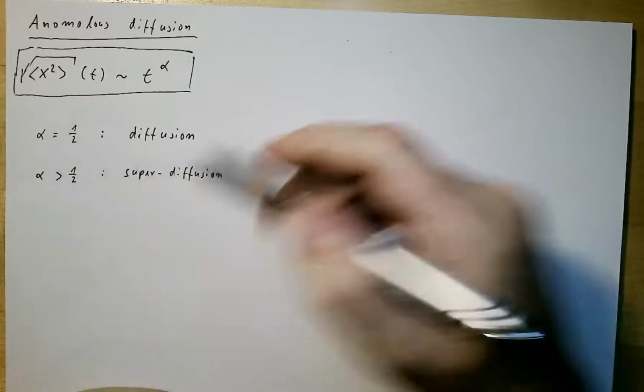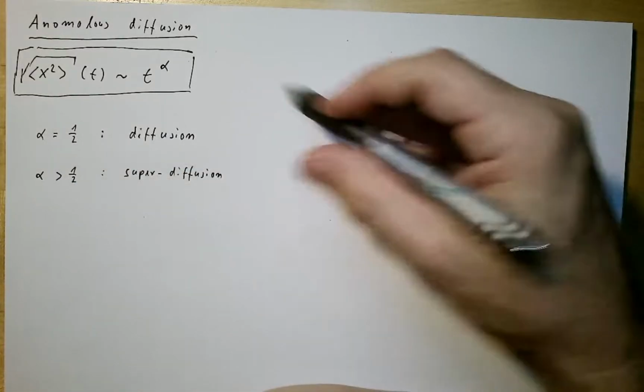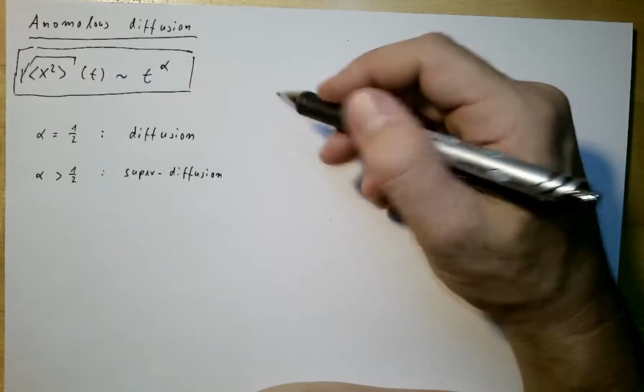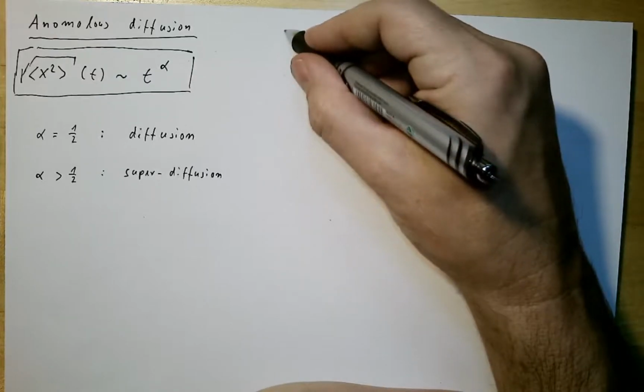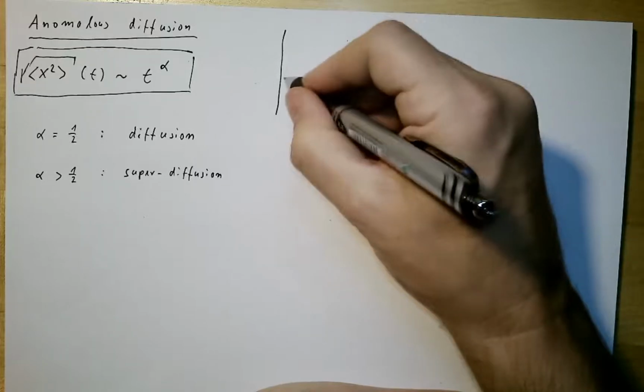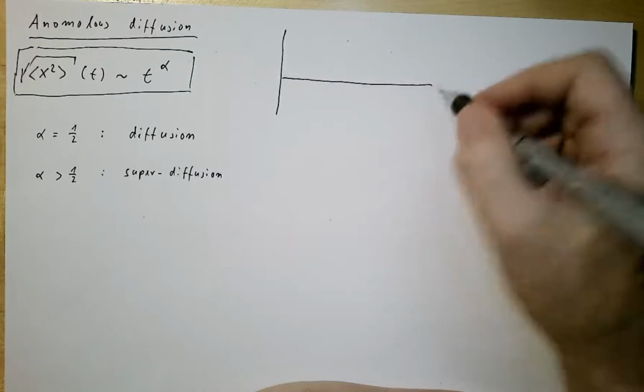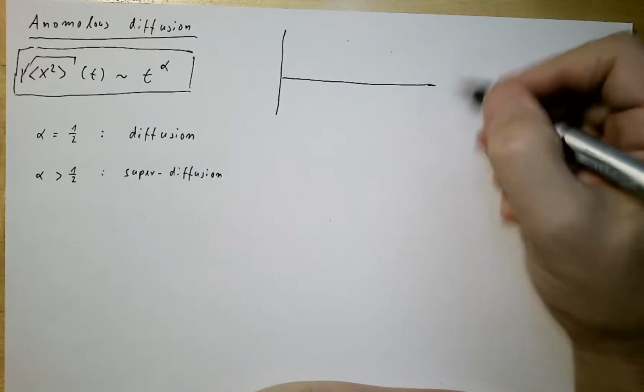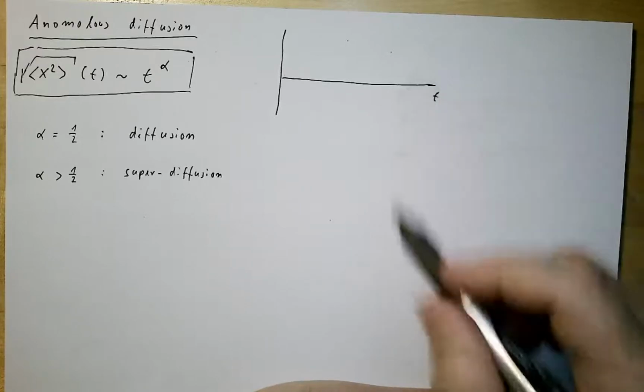This means the walker on average is able to get further away with time than with diffusion.